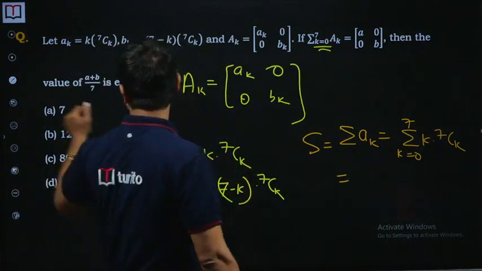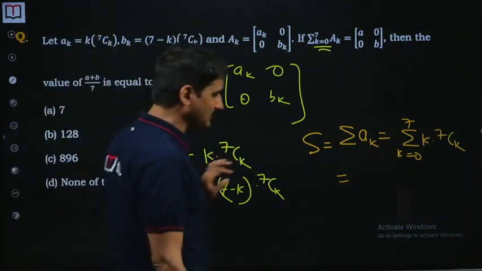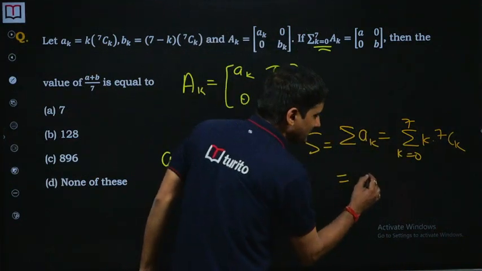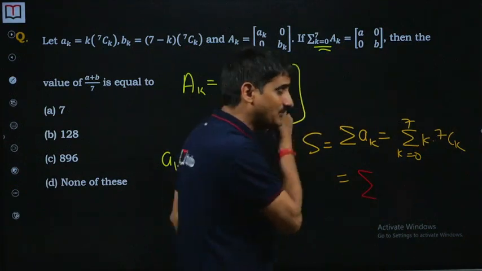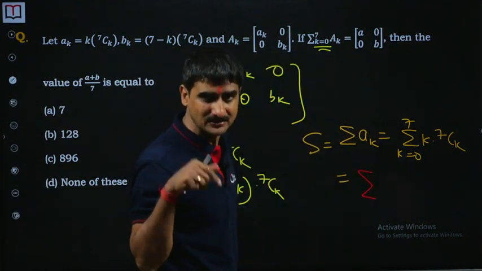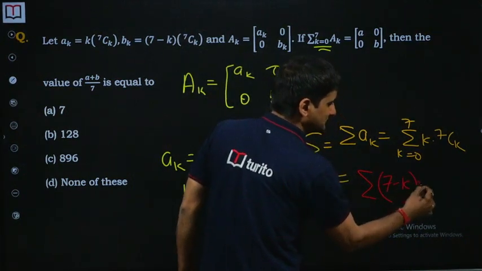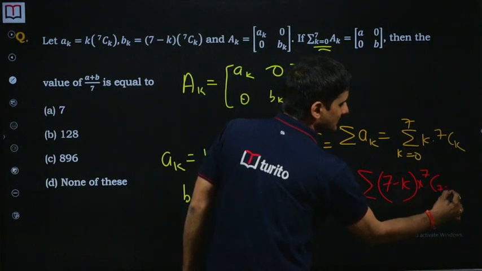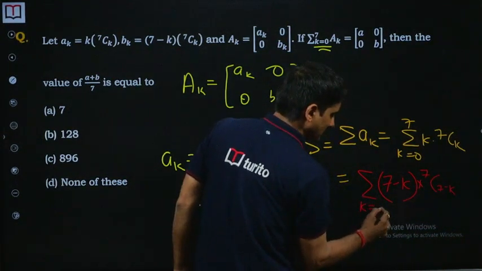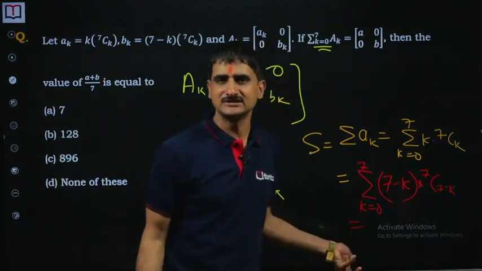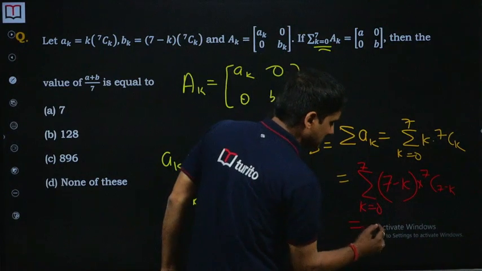It says that if we replace K by the sum of the limits, 7 plus 0 is 7, so 7 minus K, the value remains the same. And we know 7 minus K is the same as 7CK. So this is the same as S.